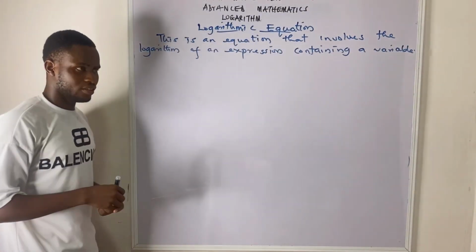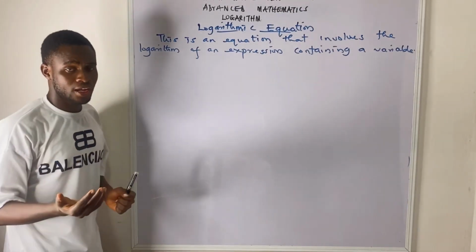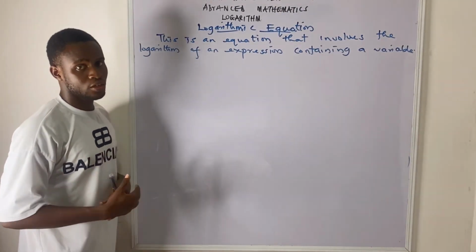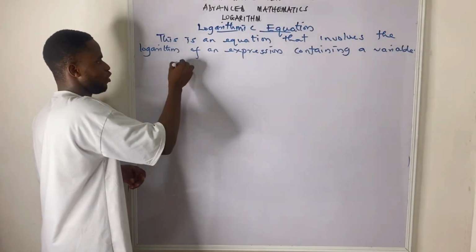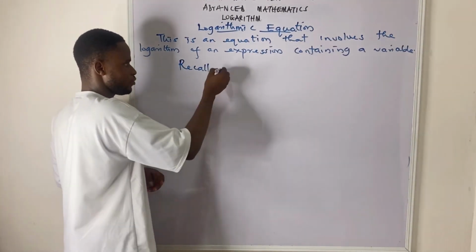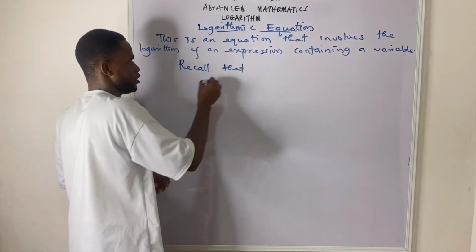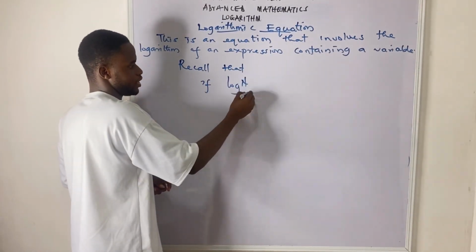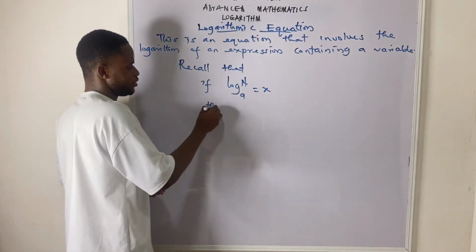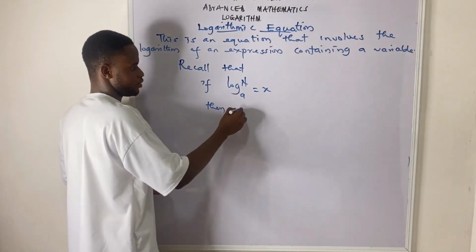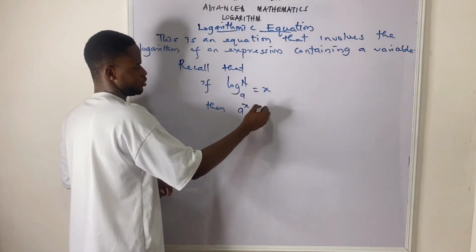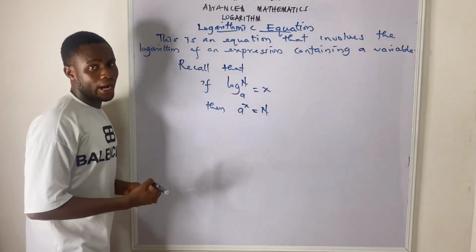And we know that logarithm of a number to a particular base is the power to which the base must be raised to obtain the number. We recall that if log n base a is equal to x, then a to the power of x, a to the power of the result, is equal to the number. And that's how I define logarithm.